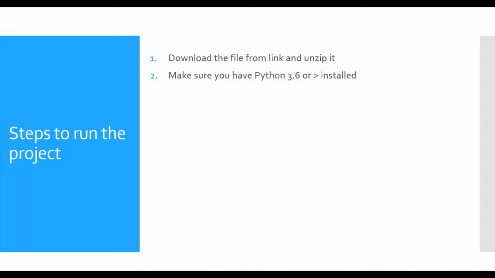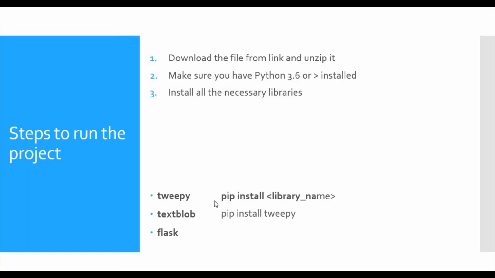Along with this, you also need to add Python path in your system environment variables. There are certain Python libraries that need to be installed for the application to run. So these are the 3 libraries that we will be needing for our project. And the procedure to install these libraries is by opening your command prompt and typing this syntax and press enter.